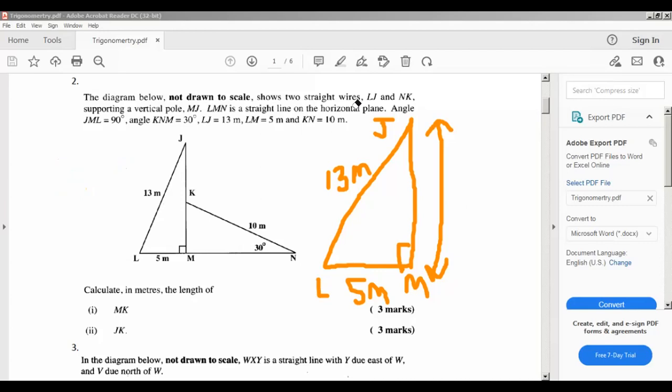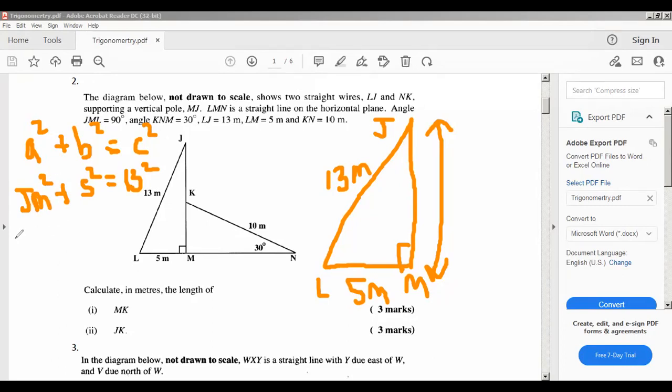So let's work it out. It's a short side, don't you think? So we start off with the equation a squared plus b squared equals c squared. C squared is the longest side, which is 13 squared, and we have one short side, which is 5 squared, and this would have to be JM squared.